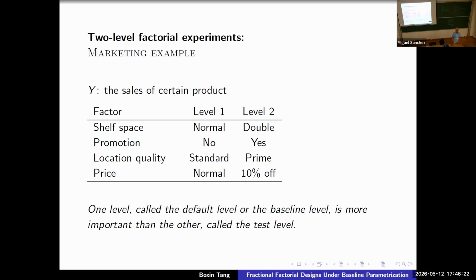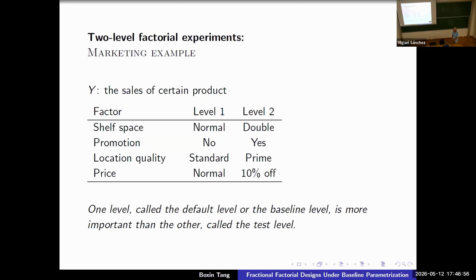You go to a supermarket, and some products have a normal shelf space and others have a lot of shelf space. It's a two-level study for shelf space: normal shelf space, and the other level is to double the shelf space. Initially maybe it's this much, and you want to see whether devoting more shelf space to this product can make a difference. So, double the shelf space.